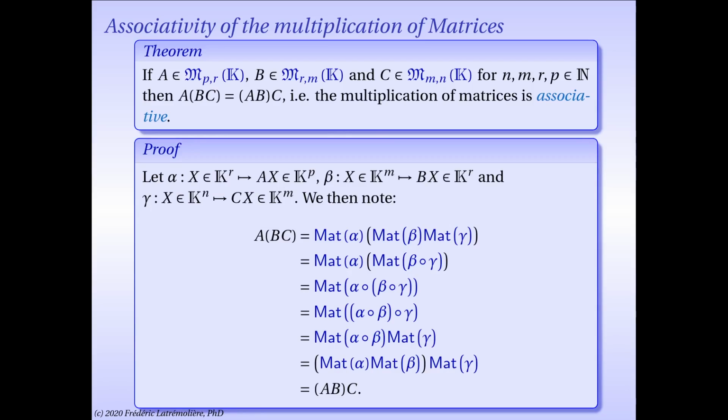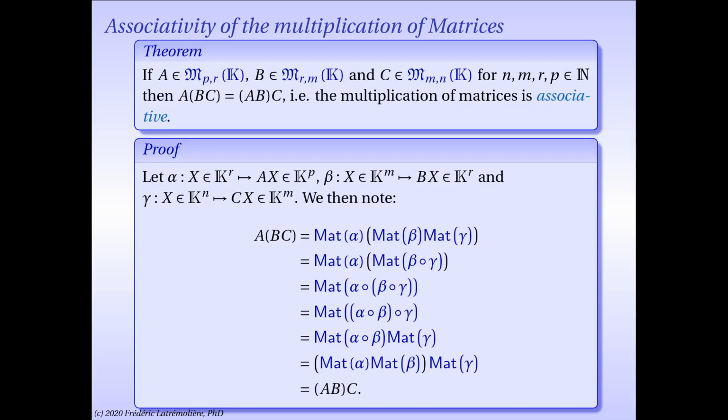To prove this result, we need not do any complicated computation. Instead, let alpha be the linear map from k^r to k^p whose matrix is A, that is, alpha is T sub A. Similarly, let beta be T sub B, that is, the linear map of matrix B, and gamma be T sub C, that is, the linear map of matrix C. Thus, by the fundamental property of the matrix multiplication, the product of B with C is the matrix of beta composed with gamma.